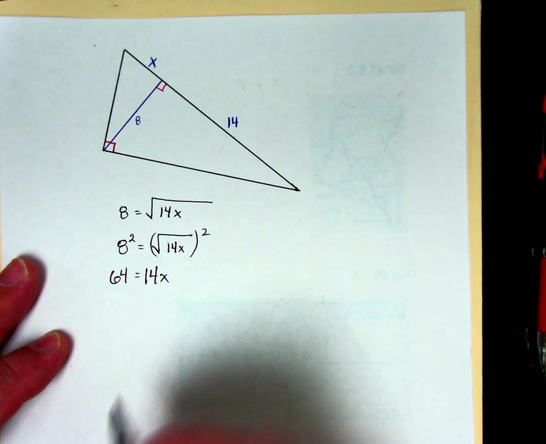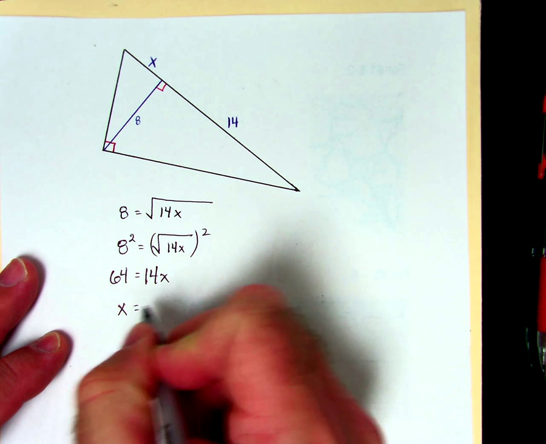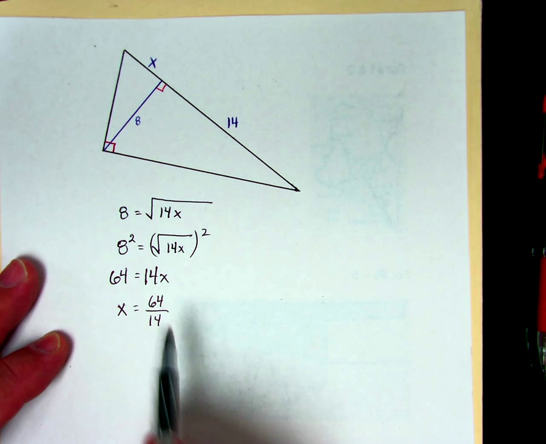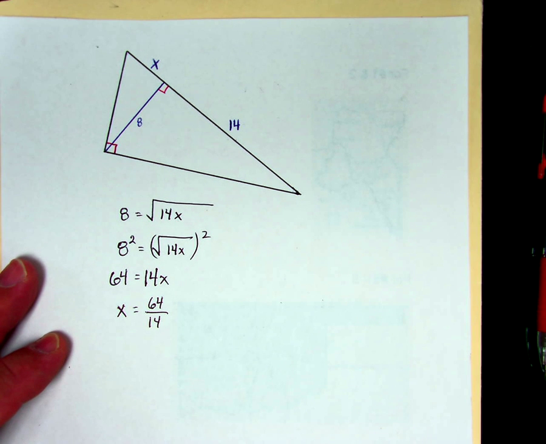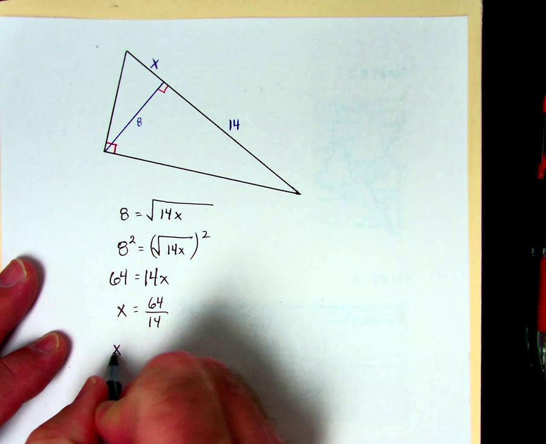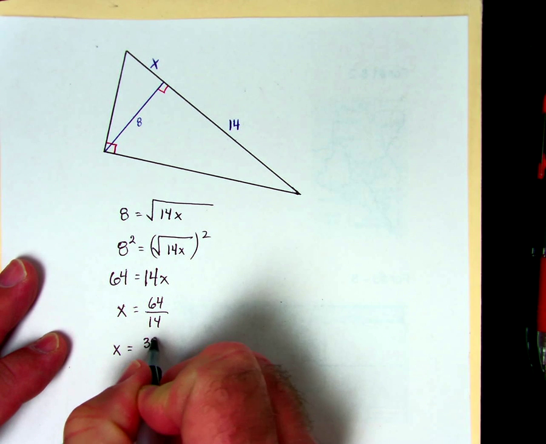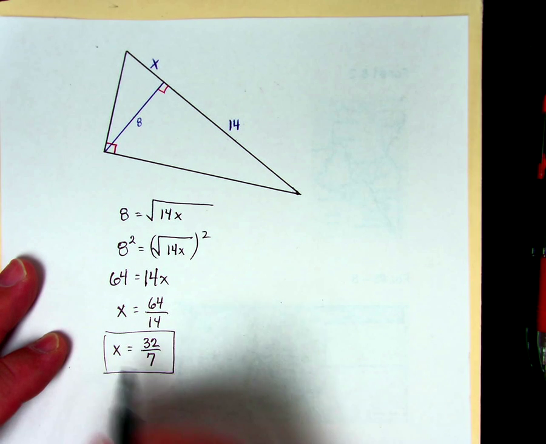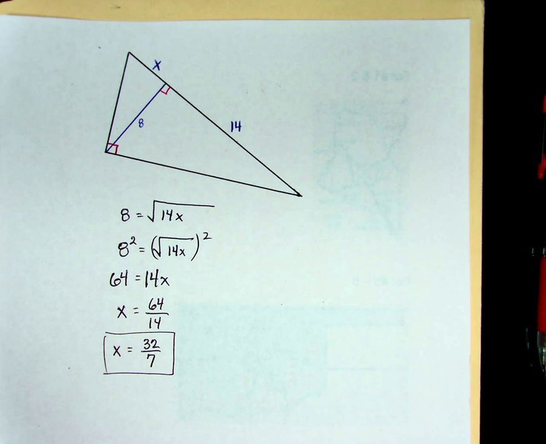Divide both sides by 14. So x would equal 64 divided by 14. I can see both of those are divisible by 2. So x would equal 32 sevenths. If we'd want to write that as 4 and 4 sevenths, that's fine. But that's good.